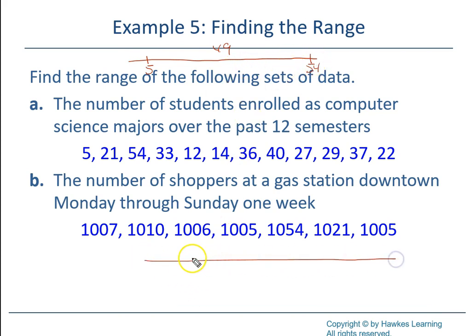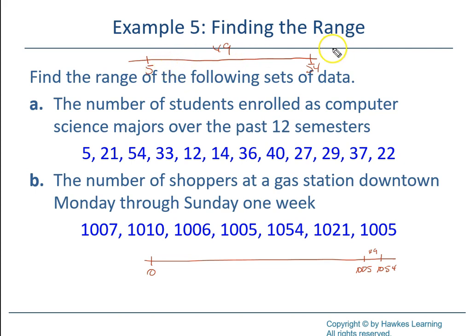Now for this one, here we have a number line, and again, if this is 0, then we're up here in the hundreds and thousands. And this is where we're going to have 1005 and 1054, and this is going to be 49.